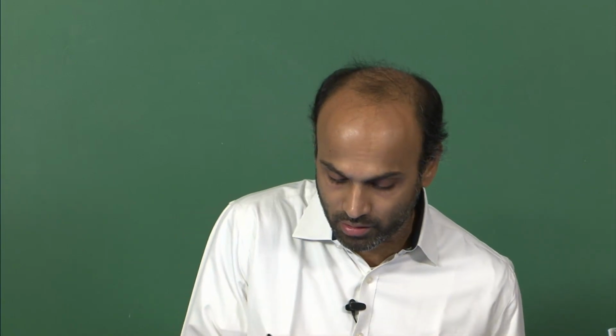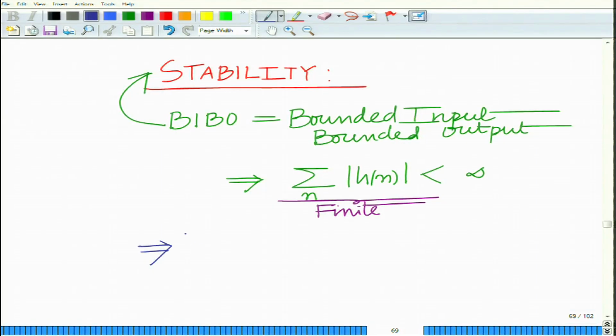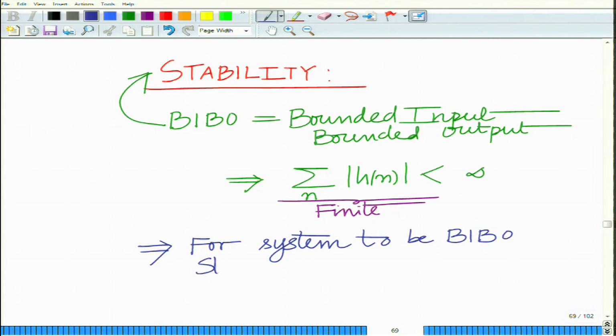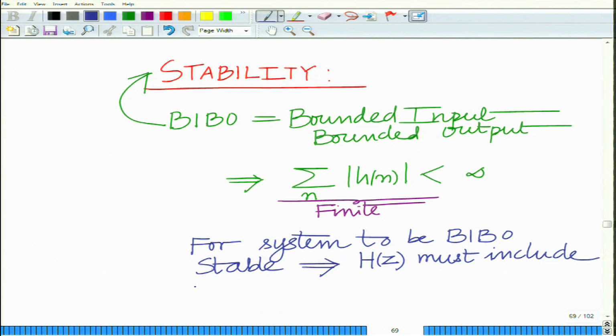So, this can be easily shown, which we are going to show shortly, that is for a system to be BIBO stable, that implies H(z) must include the unit circle.